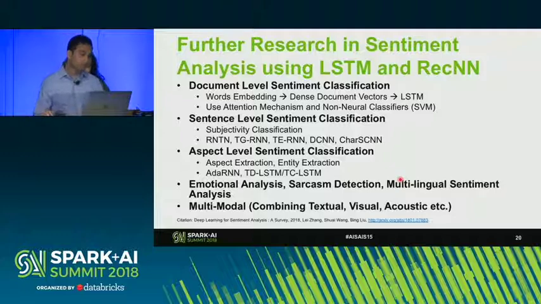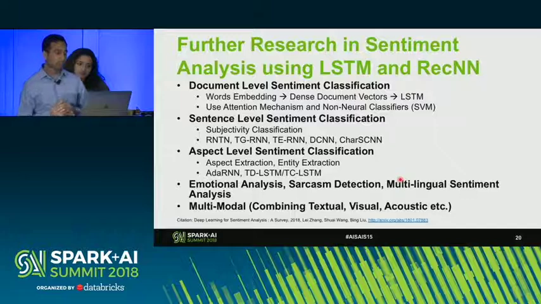So at the document level, what folks are using in production or in implementation today is mostly word embeddings, conversion into some kind of dense document vectors, and finally some kind of LSTM.